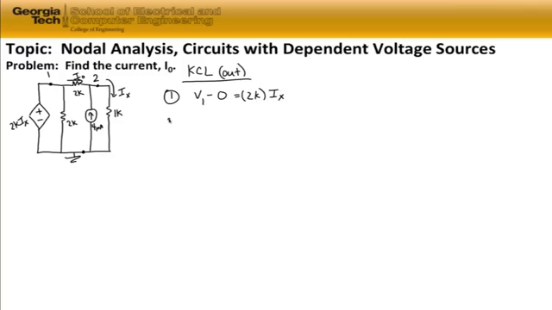We have a second equation for node 2. And node 2 has three currents flowing out of it. First of all, we know we have minus 4 milliamps because the current source is flowing into node 2. We have the current which is associated with the 2 kilo ohm resistor at the top flowing out. It's going to be V2 minus V1 divided by 2K.